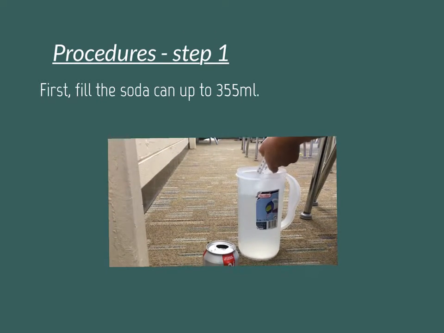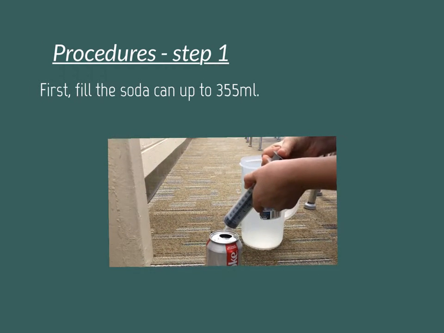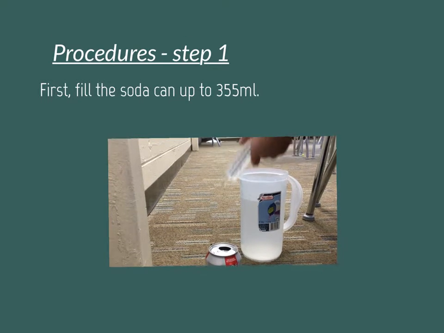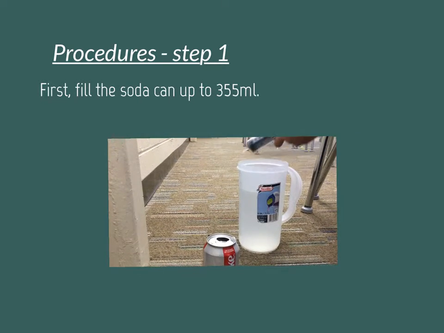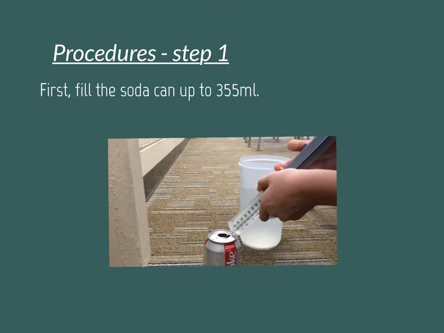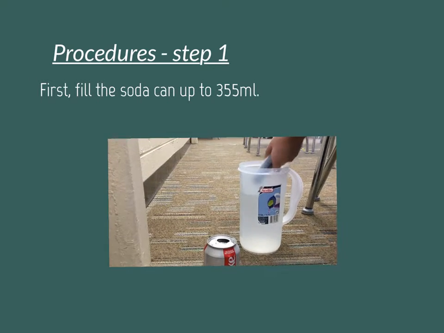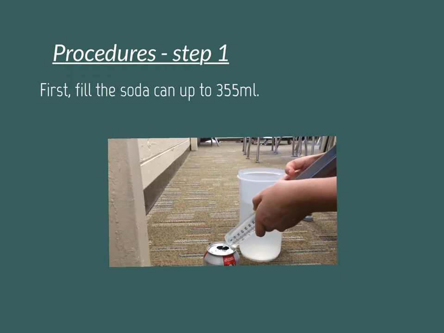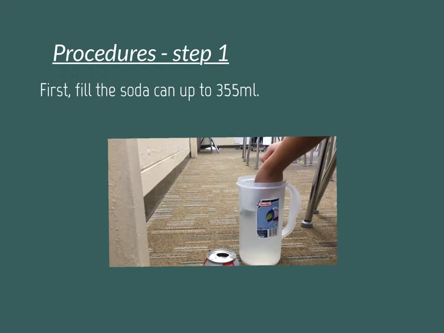Why are you sitting there looking at each other? 200. 250. 300. 350. Between volume and capacity.